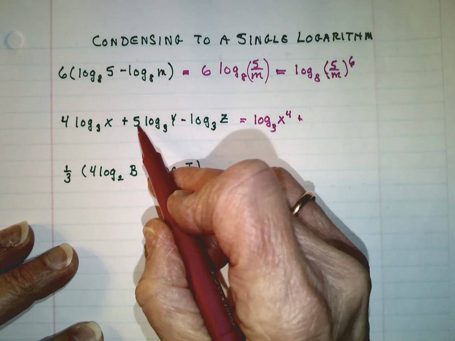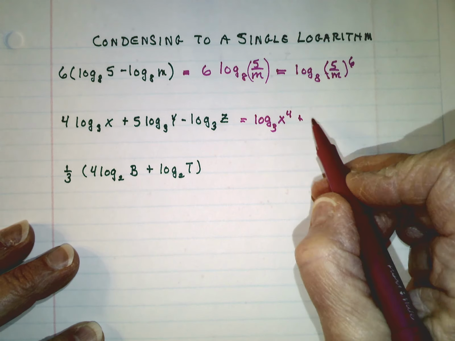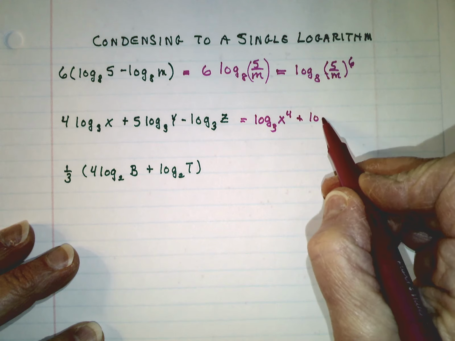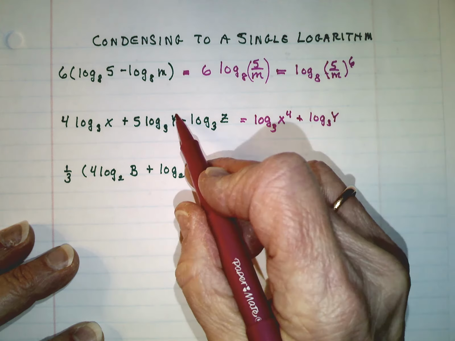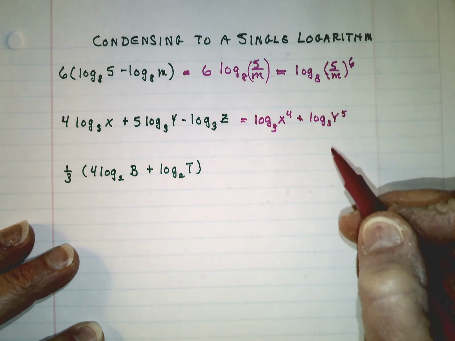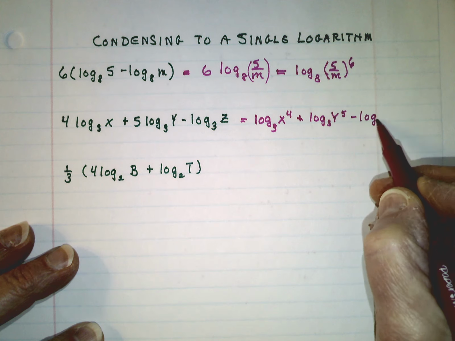Plus, and this one, because we're multiplying, it's going to imply a power. So this would be log base 3 of y to the 5th power. And minus log base 3 of z.